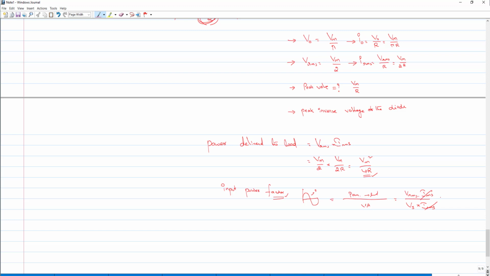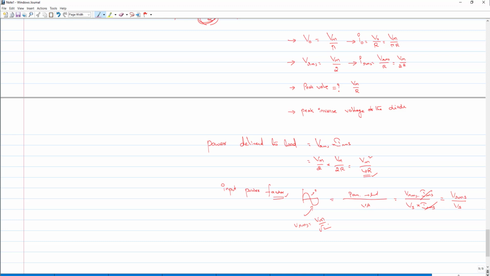Now this Irms cancels. So the power factor is Vrms divided by Vs. You already know that, for example, the RMS value of a pure sinusoidal waveform is Vm by root 2.